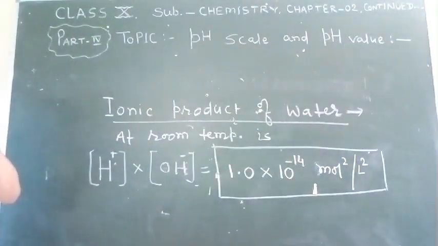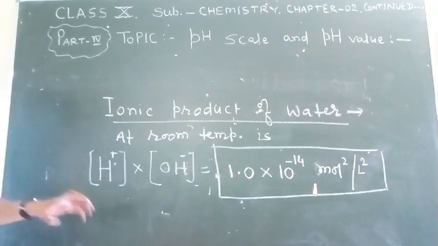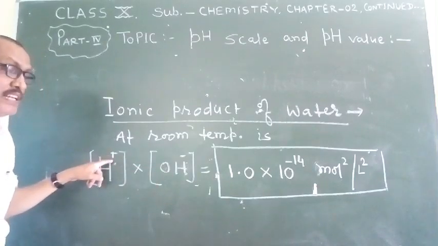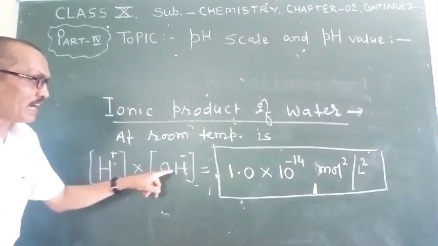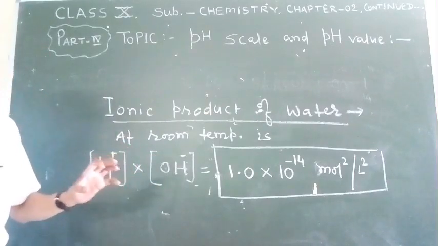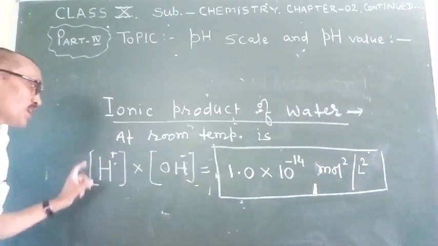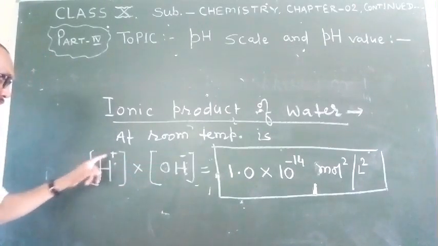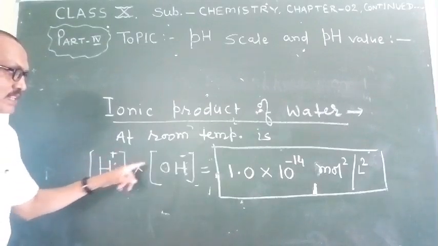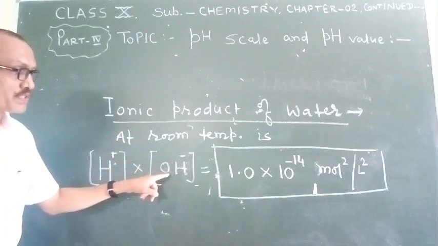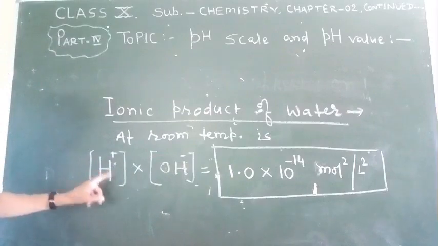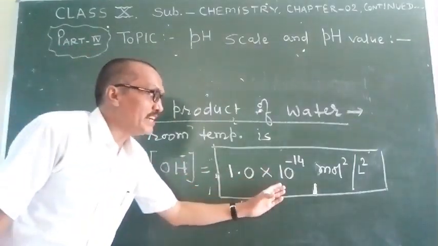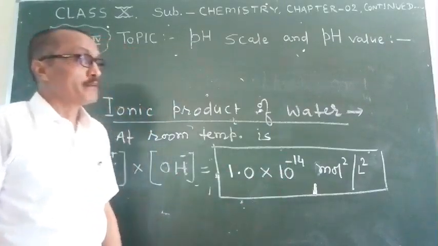Students, as you know, in aqueous solution both ions are present. Hydrogen ion is also present there and hydroxide ion is also present. So the product of them, means the product of hydrogen ion concentration and hydroxide ion concentration, is known as ionic product of water, and this value is 10 to the power minus 14 mole square per liter square.